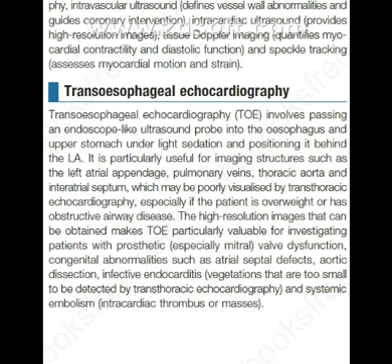It is particularly useful for imaging structures such as the left atrial appendage, pulmonary veins, thoracic aorta, and interatrial septum, which may be poorly visualized by transthoracic echocardiography, especially if the patient is overweight or has obstructive airway disease.